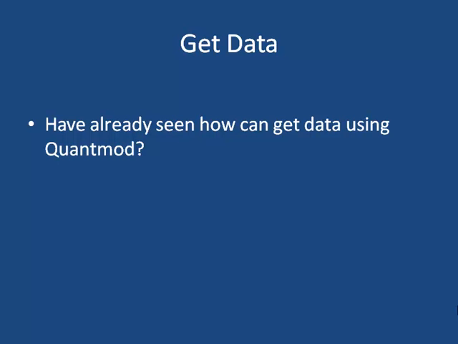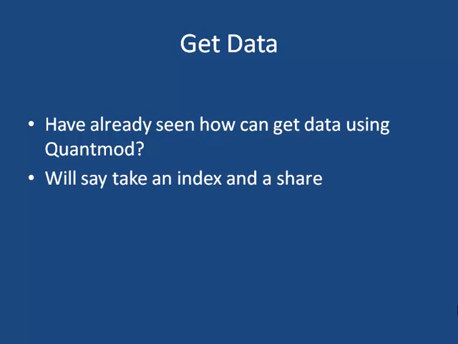It linked up with Yahoo Finance, so you're able to just pull out all the data that you want, really. So we'll probably take an index and a share, since both are easy to do with Quantmod.